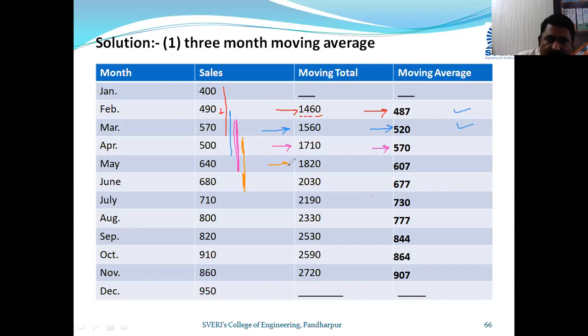I will go for the addition, and I will divide it by 3. It will be like this. So like this, you can go for all the cases, and you will get the different readings also. Now I will consider further these 3 months.